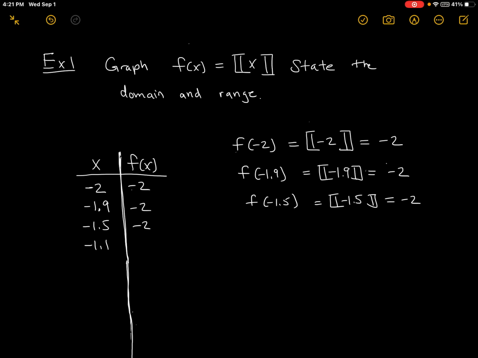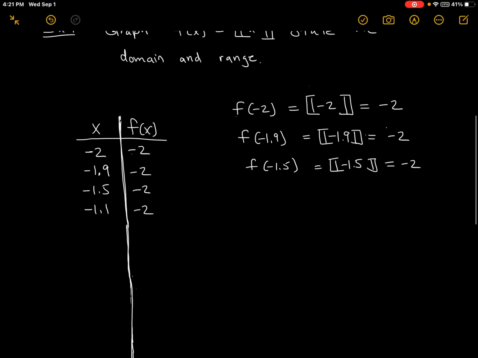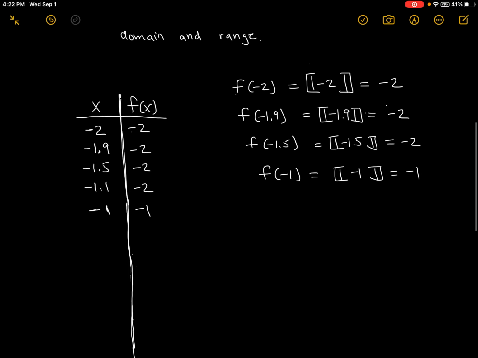until we reach the value of the next integer, which is -1. If we reach -1, the greatest integer less than or equal to -1, it could be equal to it, is -1. And then, let's get a little bit bigger here. What if we plug in -0.5? The greatest integer less than or equal to -0.5 is also going to be -1.